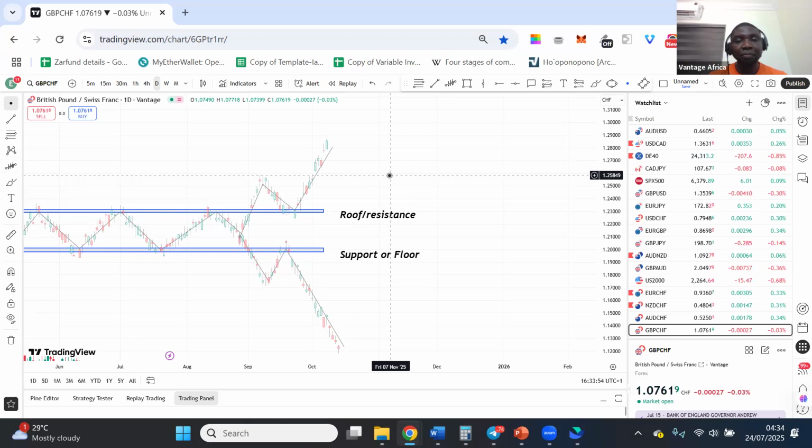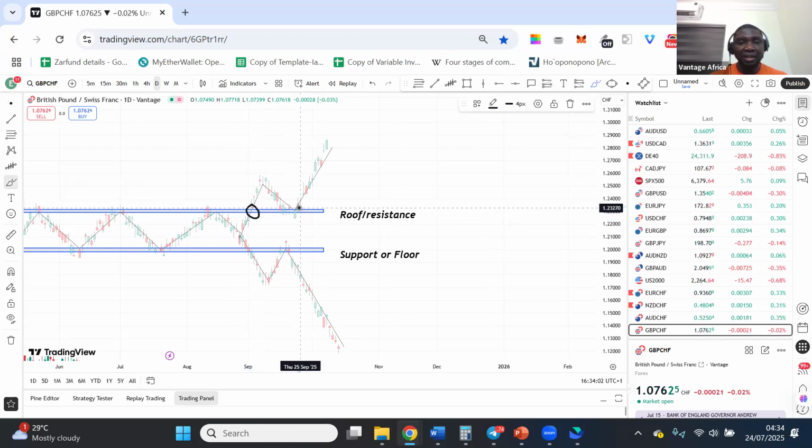How do you do that? When price broke out of this area, see, that is the resistance there. Price broke out of it. When price broke out of it, what happened? It came back to retest it. It came back to touch it again. That is what we call a pullback.